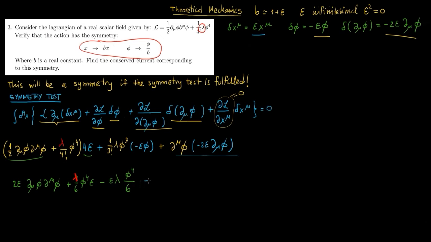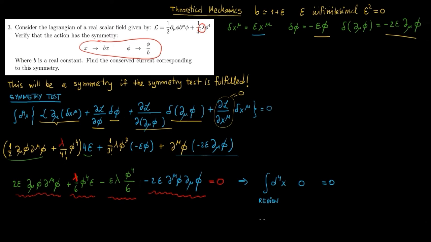The last term is minus 2 epsilon partial mu phi partial mu phi. And let's see, this term cancels out with this term and this with this. So this is equal to 0. This implies that the integral of 0 is 0, of course, if we are talking about a finite region of space-time. So, confirmed, this is a symmetry of this Lagrangian.